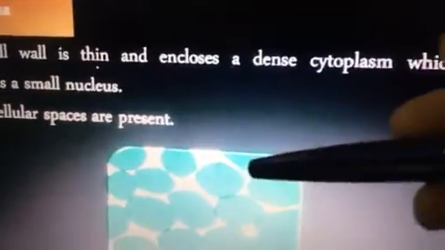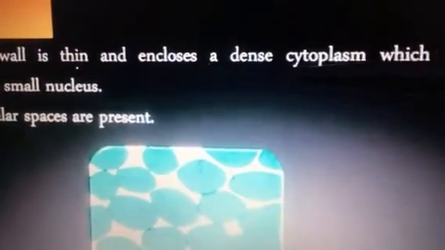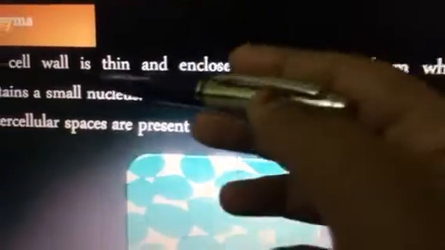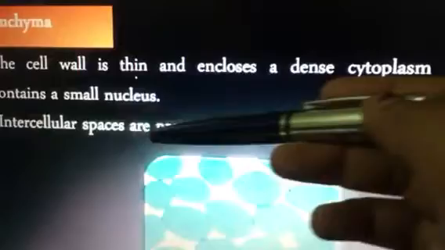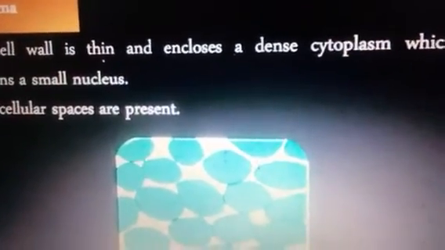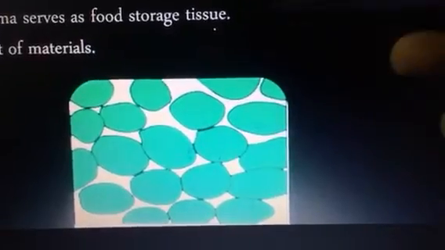They can be colorless as well, when they are not responsible for photosynthesis. Now, the cell wall is thin and encloses a dense cytoplasm which contains a small nucleus. Intercellular spaces are present. Although they divide, they are not very fast and actively dividing cells.